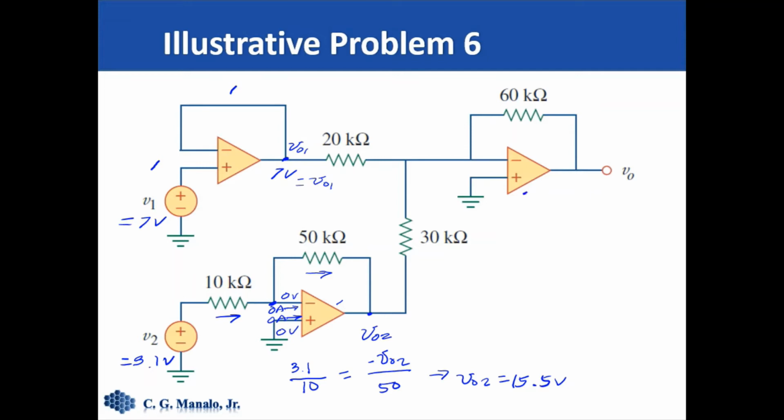For this op-amp, this is 0 volts. There's no current here, there's no current here also, and this node should also be 0 volts. So the current here must be the sum of this current and this current.